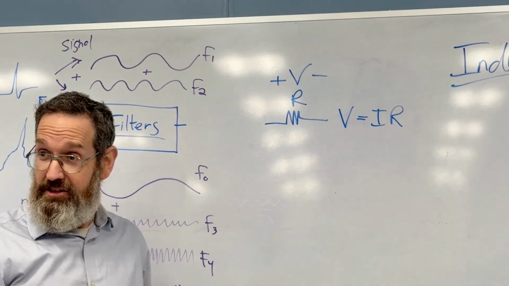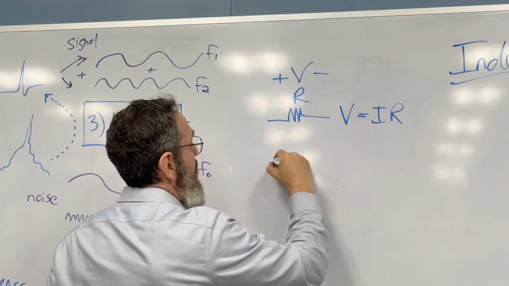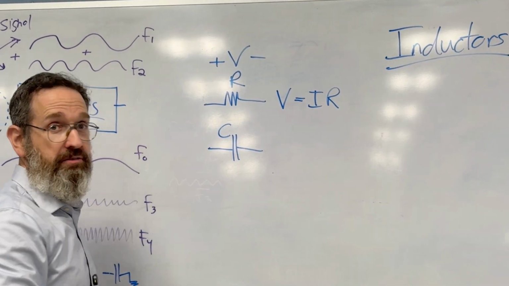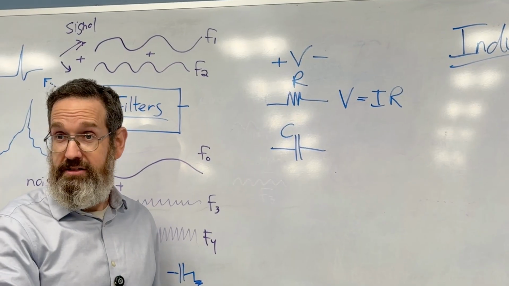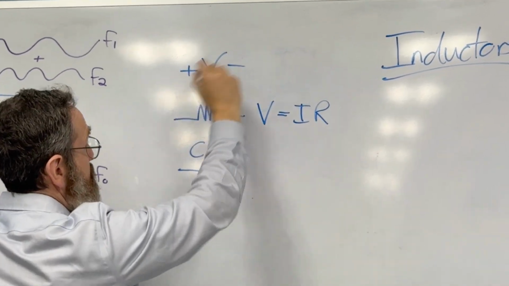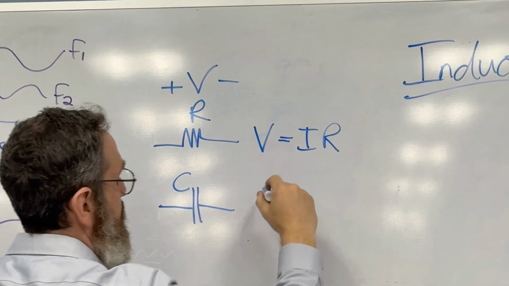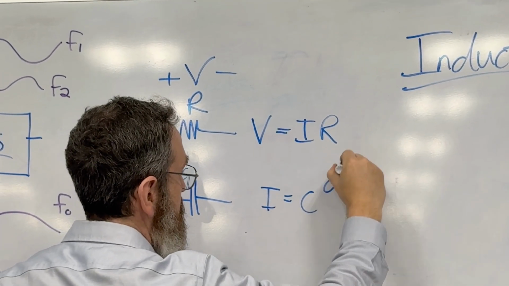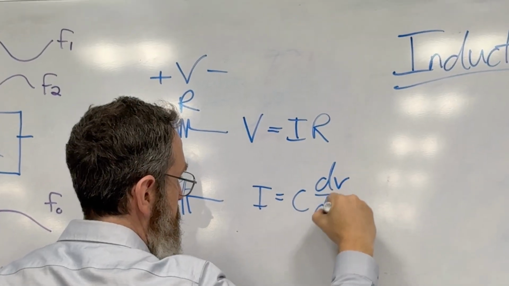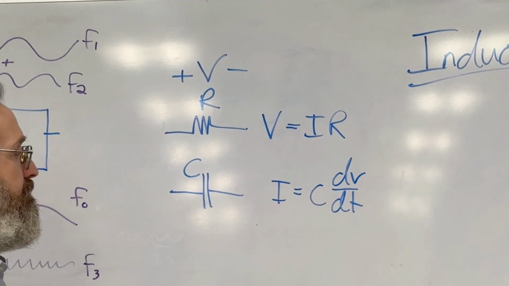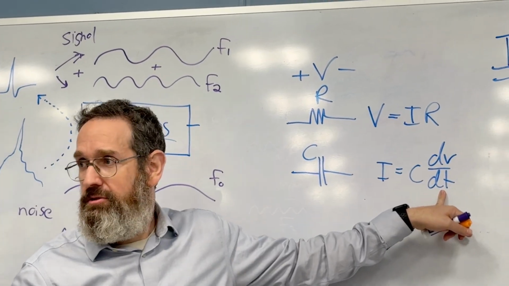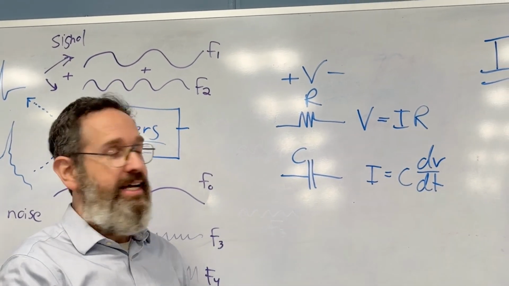We also had a capacitor, and the capacitor has a capacitance given by C, farads, typically microfarads, and its relationship, voltage across the capacitor, is I is equal to C dV/dt. Right? There was this derivative introduced here, right?